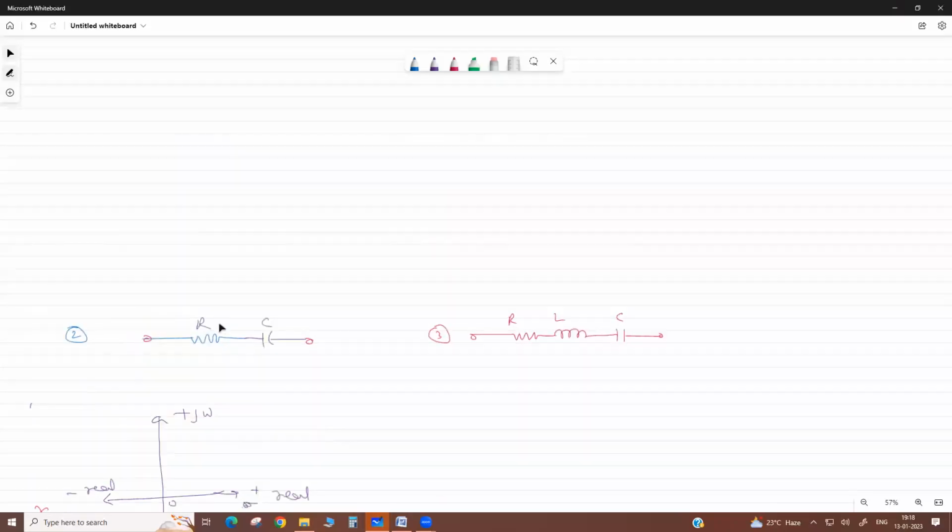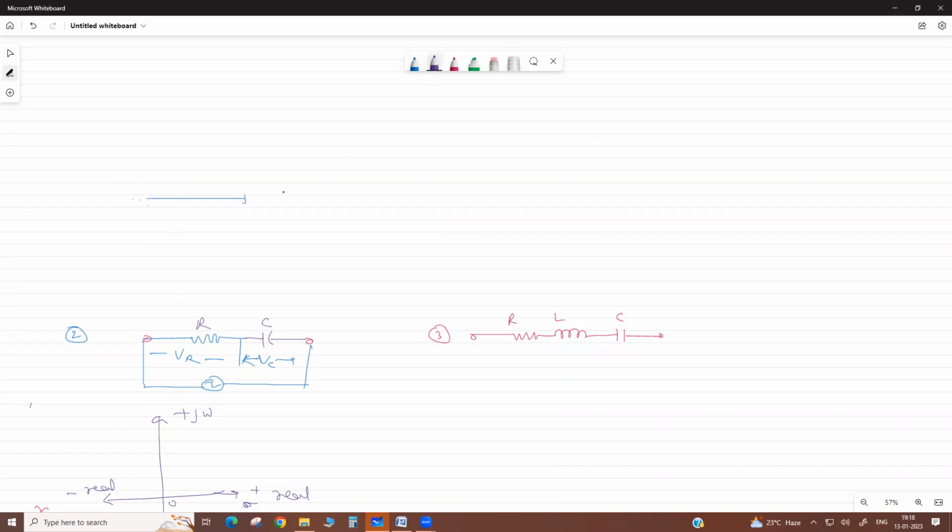Same here, if you apply the same AC voltage, here there is also VR and VC. In this also, suppose this is the current.